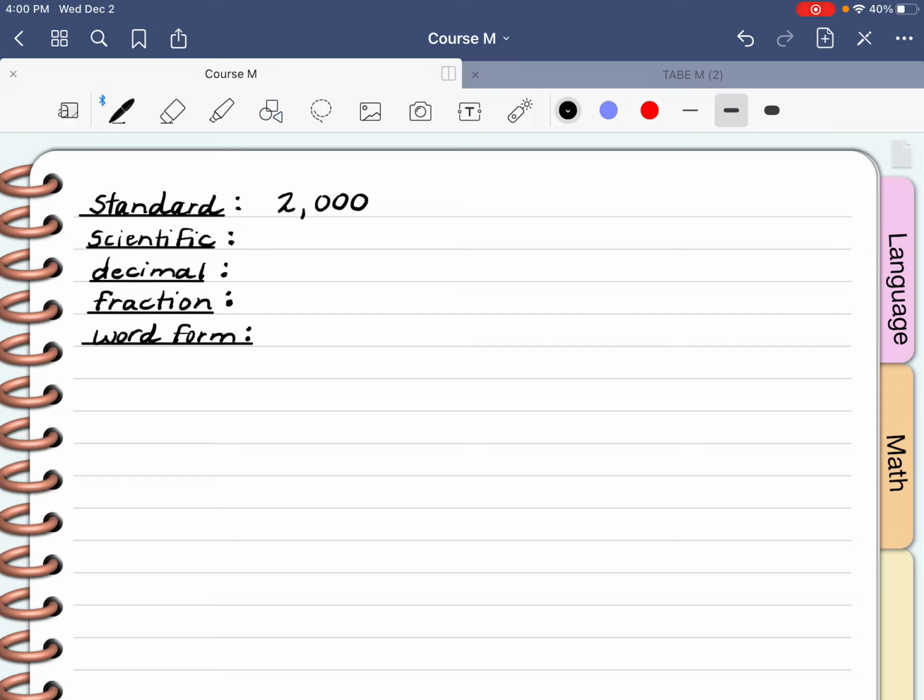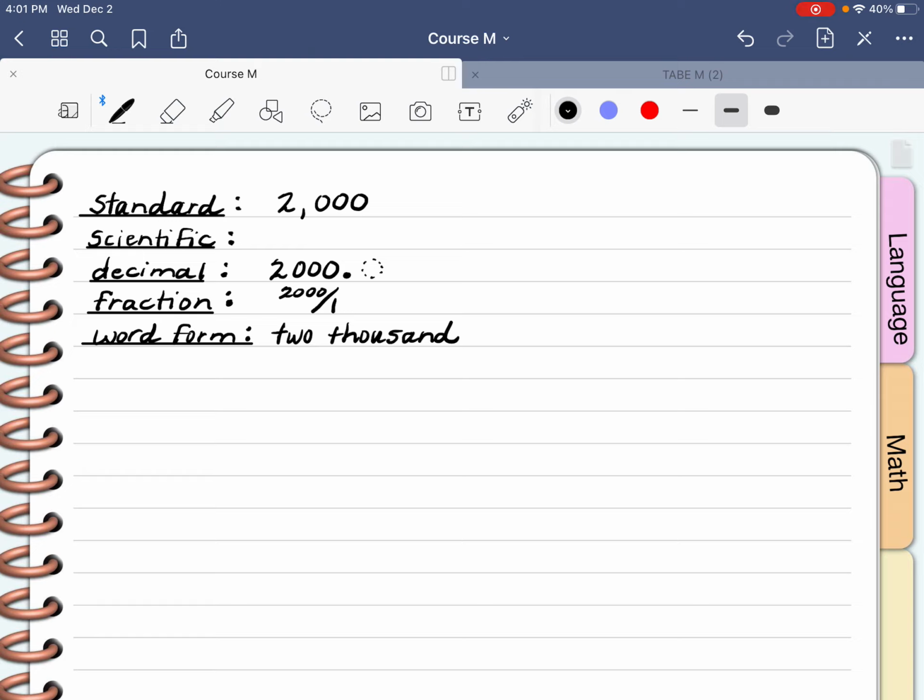I'm going to start with word form. 2,000. Decimal form I can do fairly quickly. That's going to be 2,000 and a decimal. You can put in a 0 if you'd like to. In the fraction, I know that it would just be 2,000 over 1.